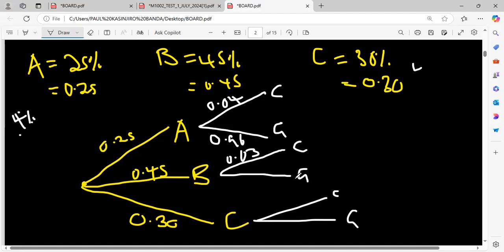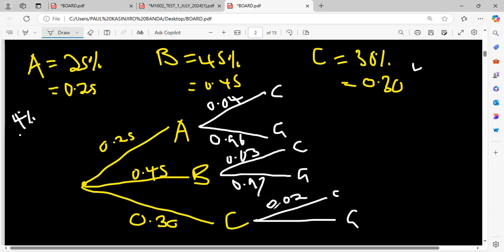It means the rest is good, so the rest will just be 0.97. Okay, and then what's the probability that it's contaminated when it comes from C? We were told that it's 2% from the question. So 2% is the same as 0.02. Okay, so what is the probability of it being good?